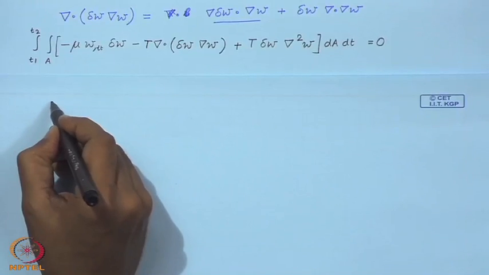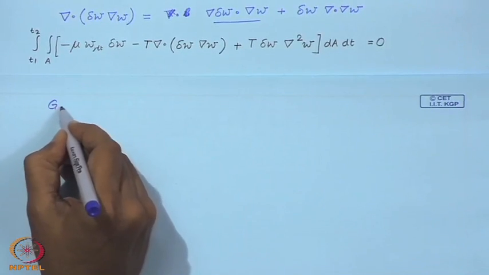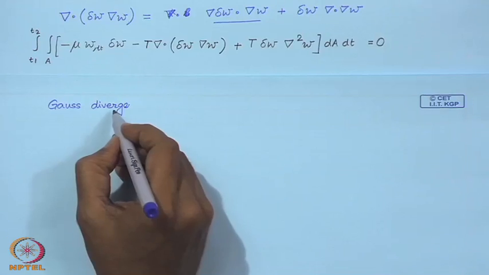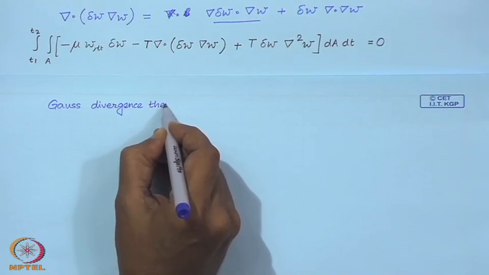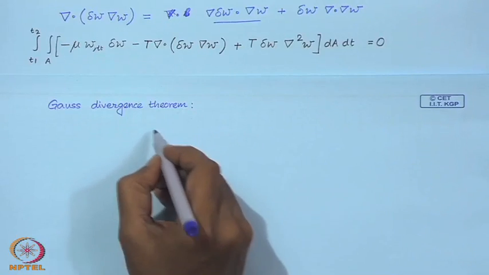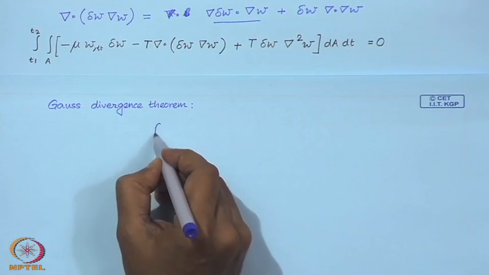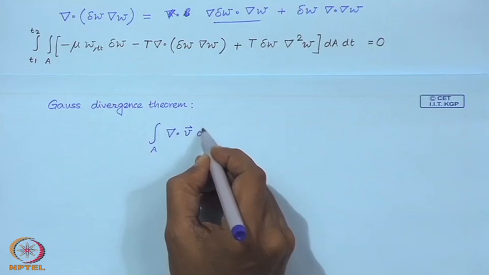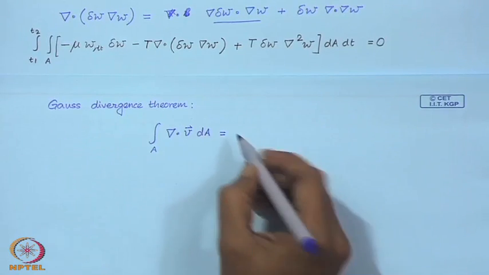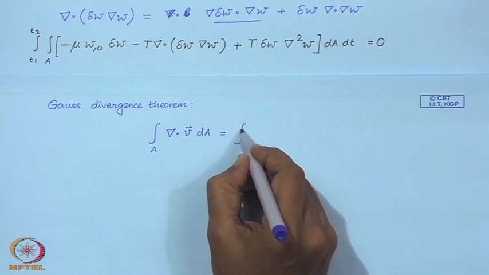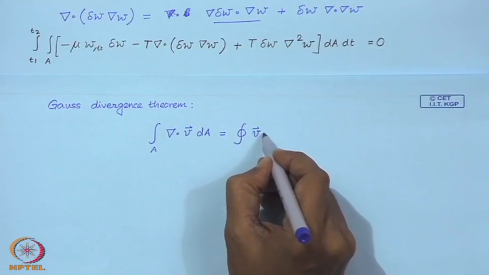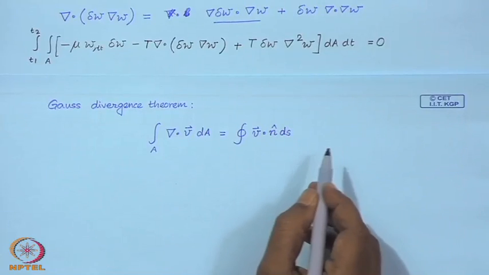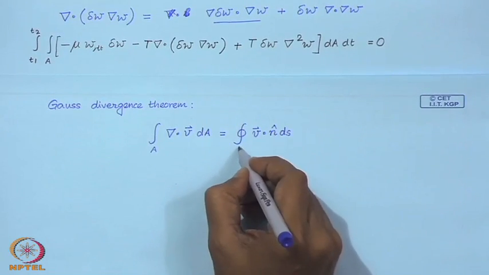So, which says that the divergence of any vector over this area integrated must be equal to the vector dot the normal to the boundary. So, integrated over the boundary.